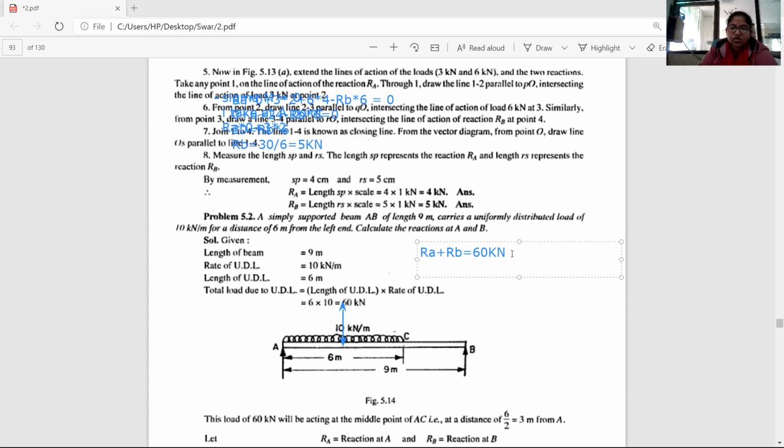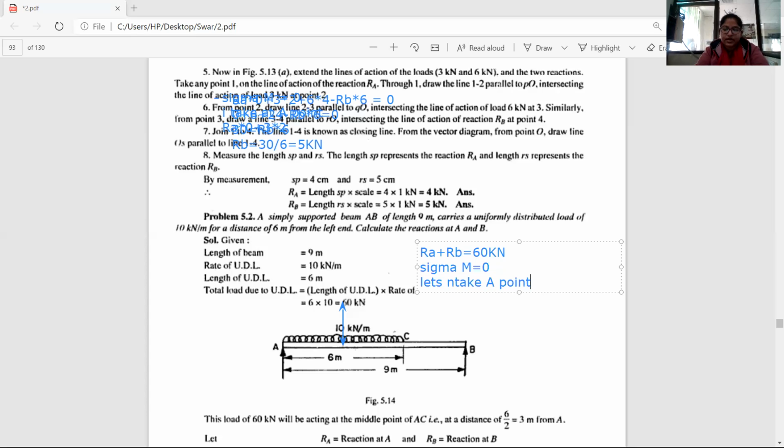Next, what we will do is sigma M equals to 0. Then sigma M equals to 0, that means the sum of all moments will be equal to 0. So let's take moments at A point.